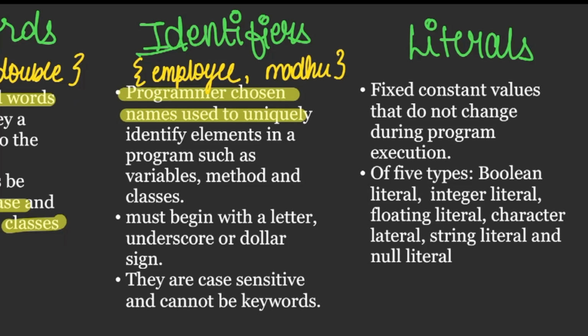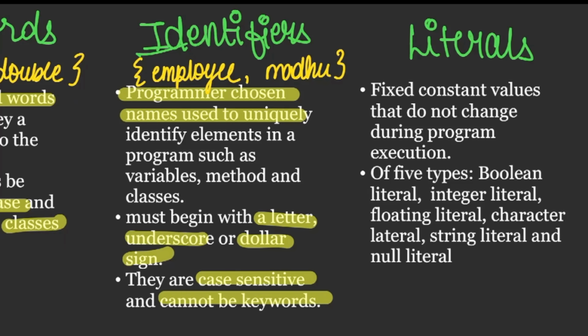All these are programmer chosen names that are used to define a variable, a method, or a class. What we need to remember here is that an identifier must always begin with a letter, underscore, or a dollar sign, and that they are case sensitive, which means a capital C and a small letter c are going to be considered as two different identifiers, and they cannot be keywords.